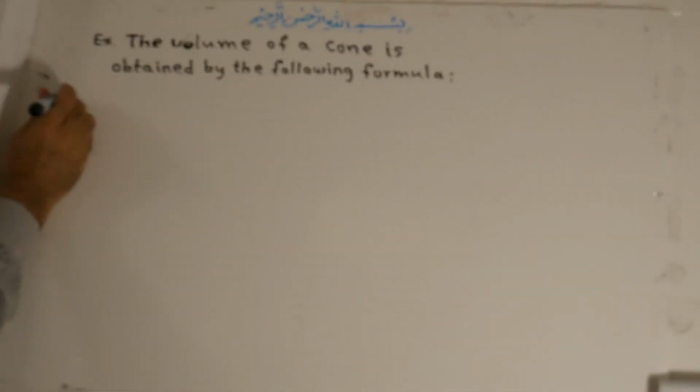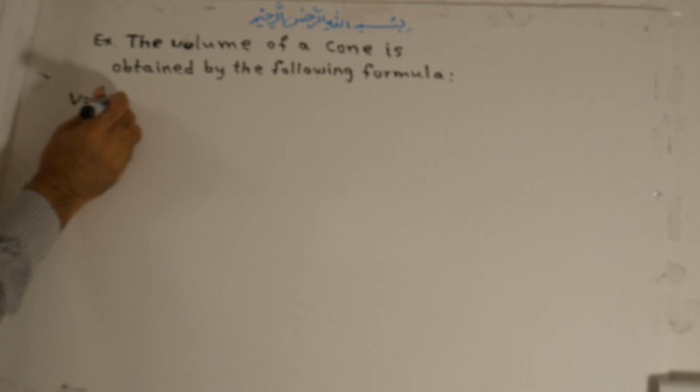V, or the volume, is equal to 1/3 pi r square h.